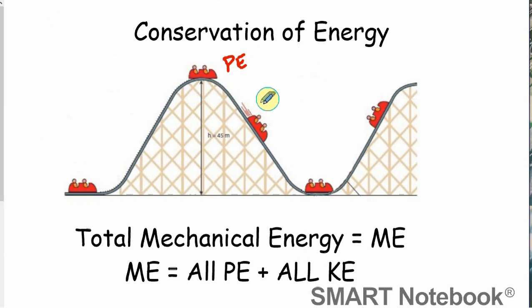Then as the roller coaster descends, we of course are picking up speed, and so we have kinetic energy, but they are still some height off of the bottom, so they're somewhere in the middle. So this roller coaster has, I'm sorry, some potential energy as well, not all. It's got a mixture of KE and PE.